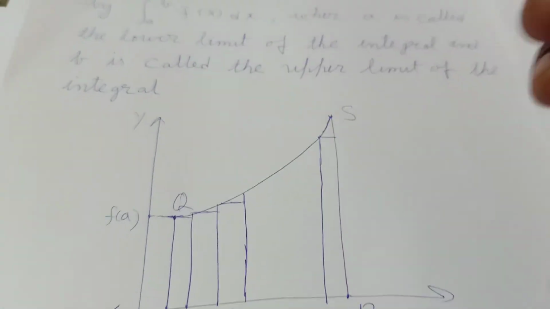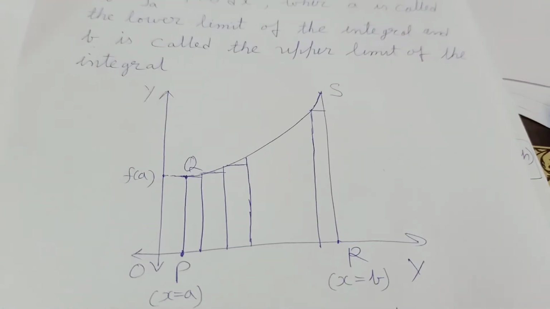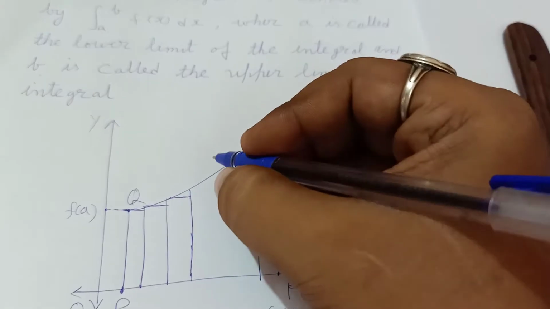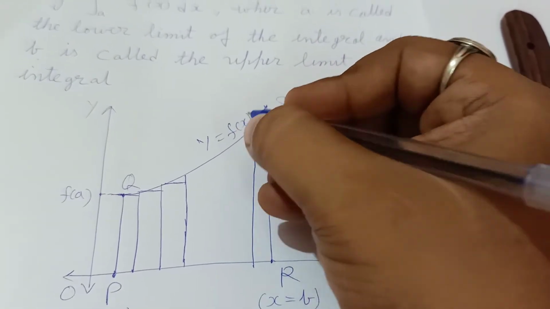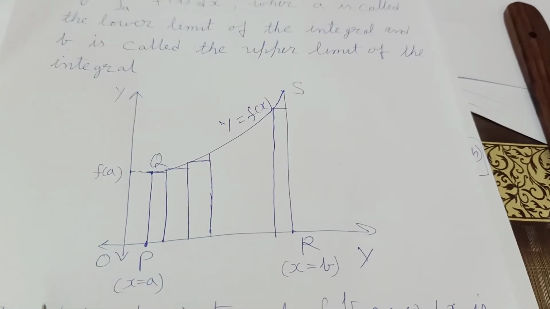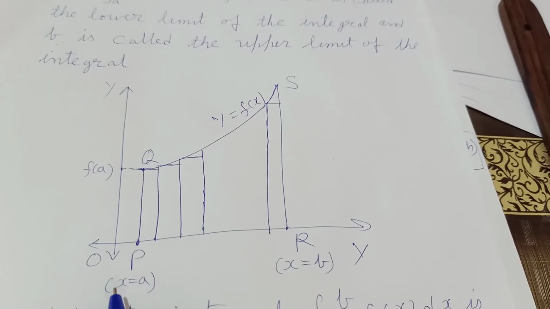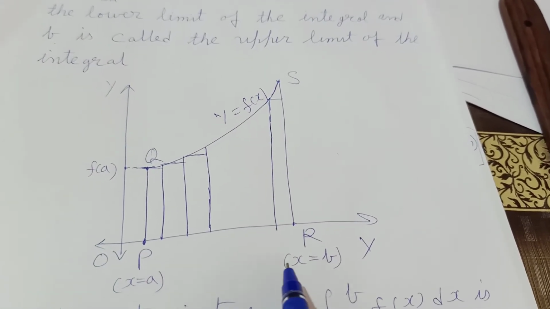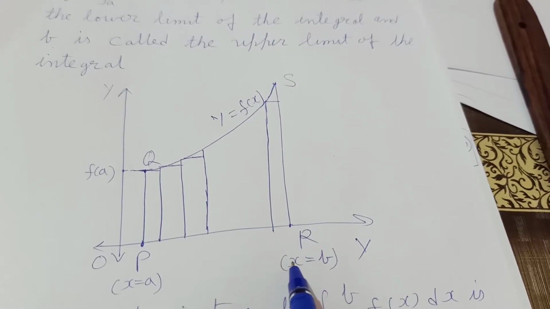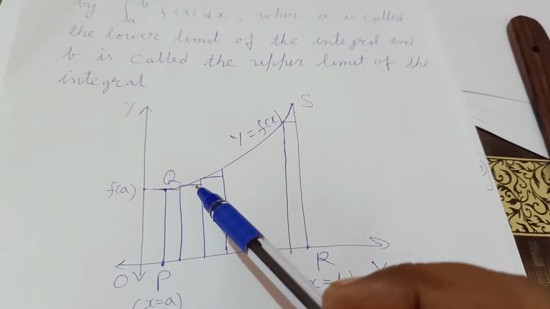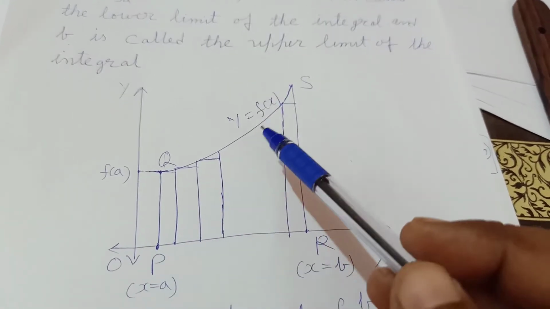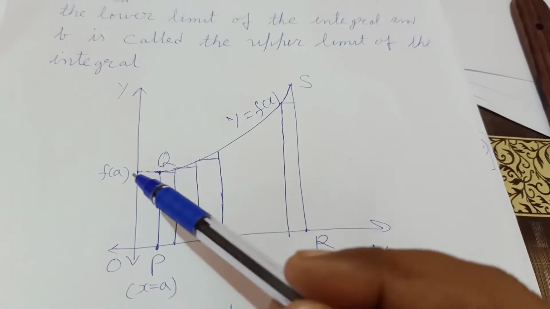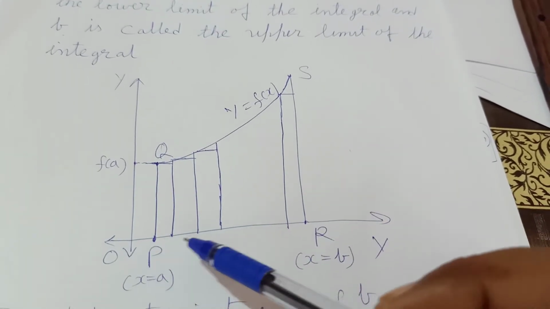Now, if you see this figure, we have the curve y equal to f(x). This is our curve y equal to f(x), and there is our closed interval from x equal to a to x equal to b. So we have the area bounded between the ordinates x equal to a, x equal to b, this curve, and the x-axis.